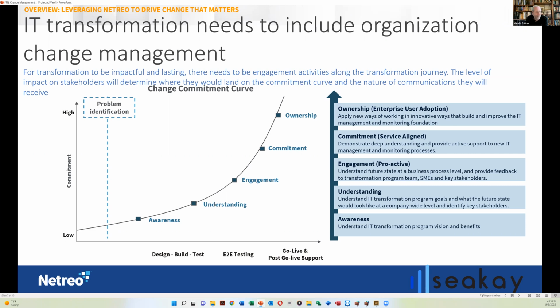And this gives an example of what kind of path we've seen through this implementation, starting at a general awareness of the value proposition, a general understanding of the technology, a two-way dialogue between the customer and the engagement specialists, some commitments and timelines for both parties in terms of going forward, and overall in the end, an ownership of, let's say, the dashboards and the information that Netreo yields.